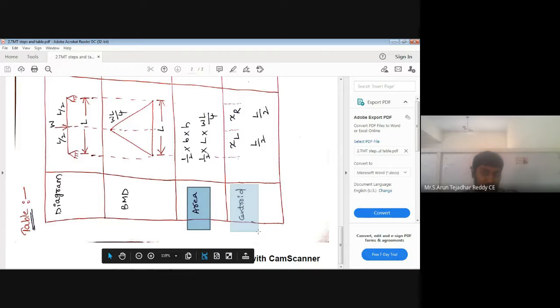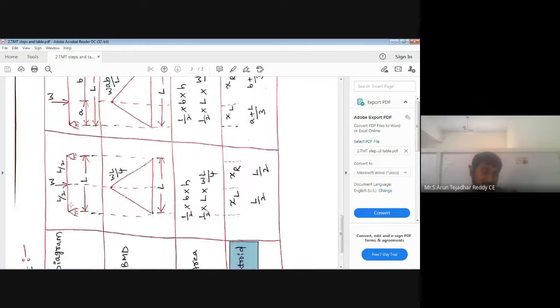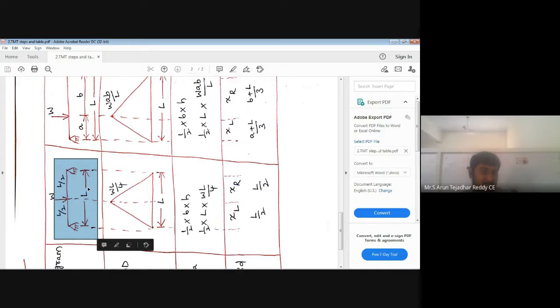Next is to find the centroid. So here we have 3 diagrams. In the first diagram, it is a symmetrical structure. It means the span is divided into left and right parts that are the same. If it is 10 meter, then the left part is 5 meter as well as the right part is 5 meter. In that case we can name it a symmetrical structure.